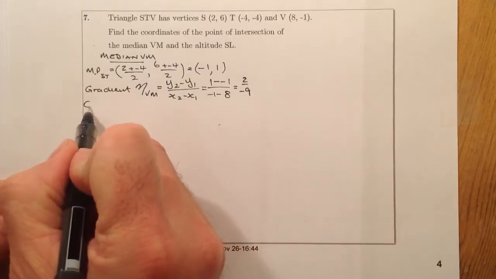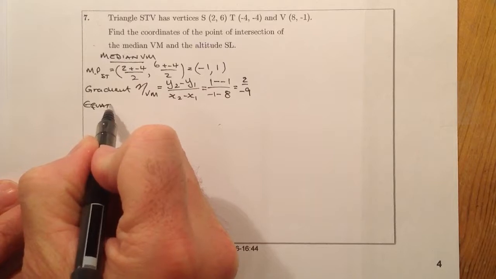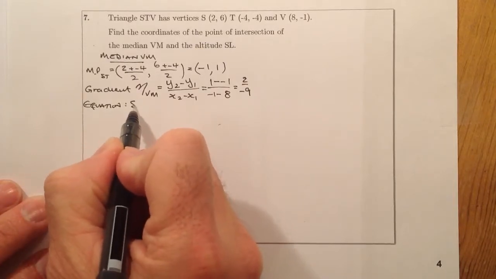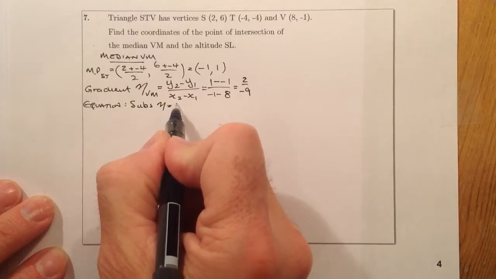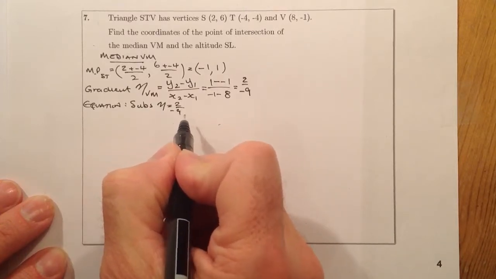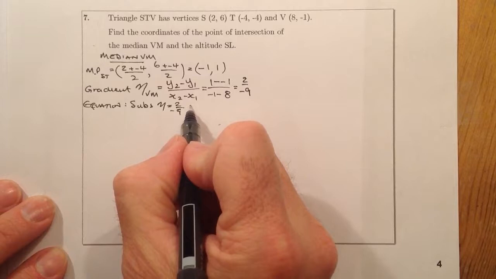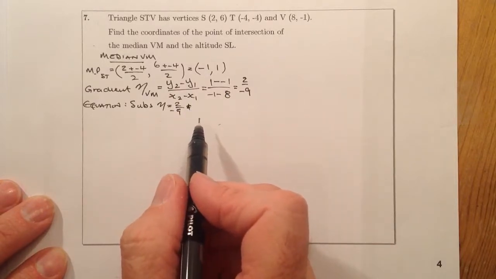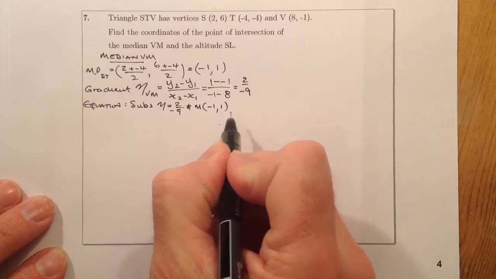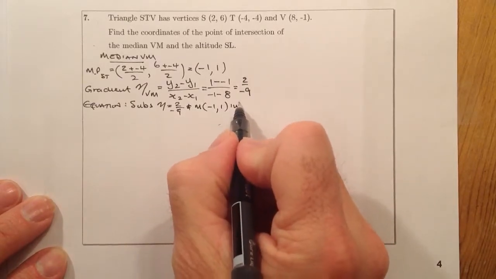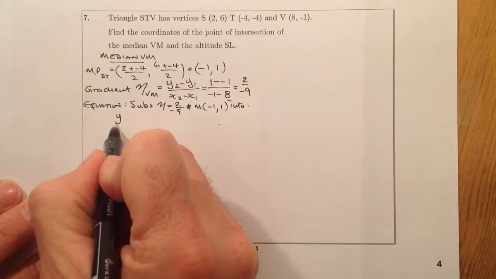For the equation, I'll substitute the gradient that I worked out, which is 2 over -9, and the midpoint M, which is (-1, 1), into the general equation of a straight line.